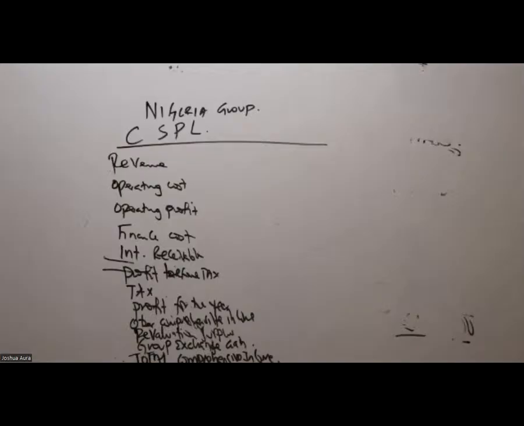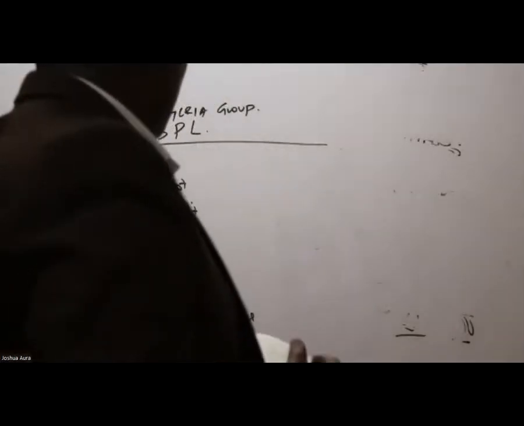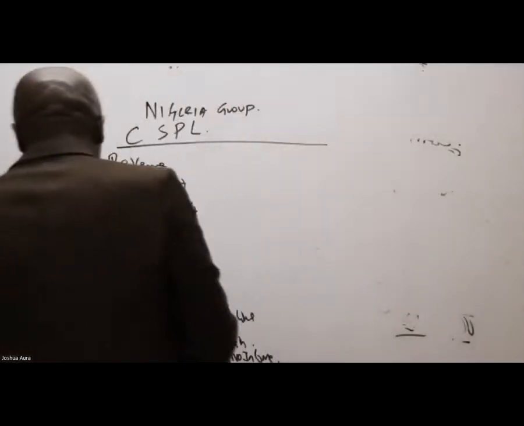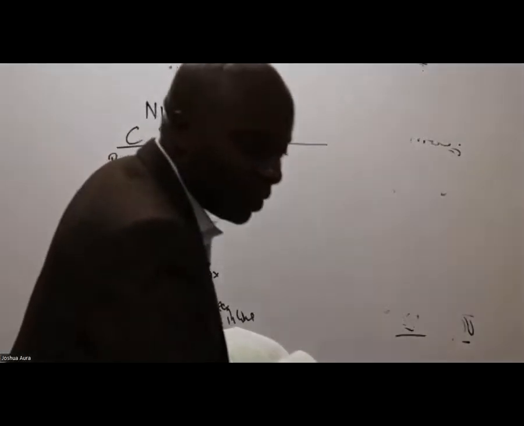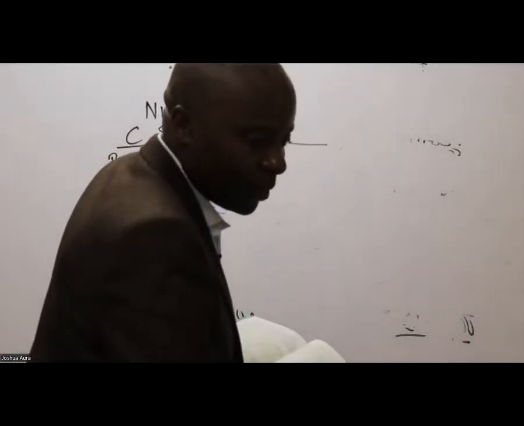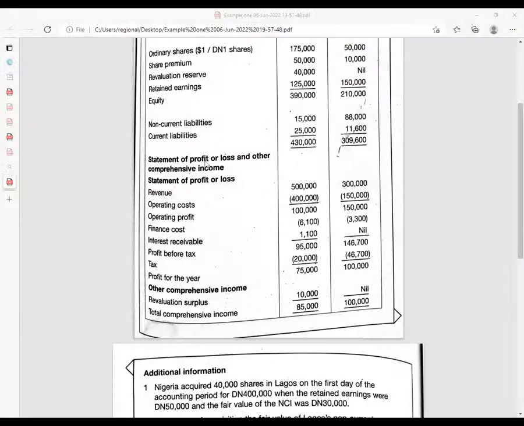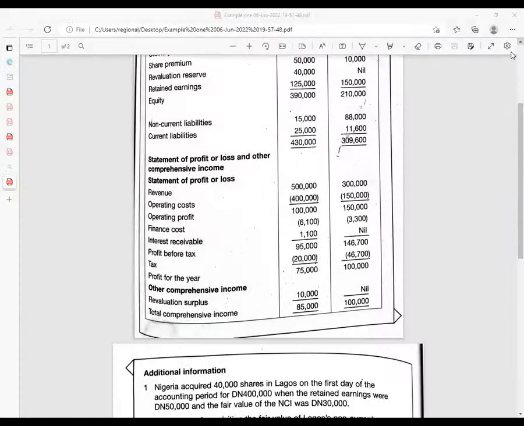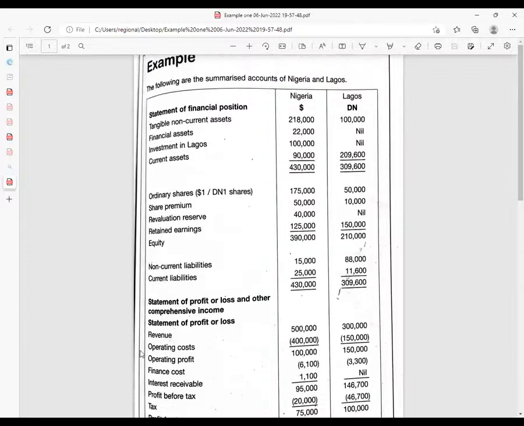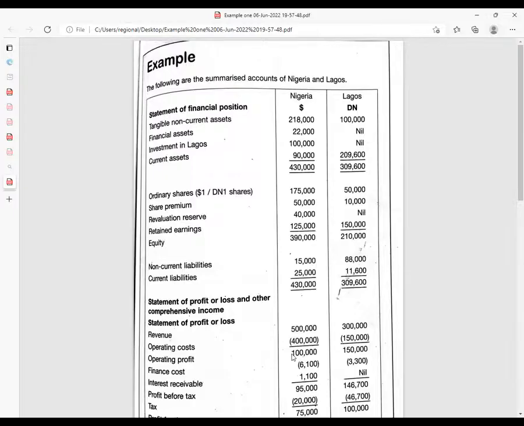Thank you very much. So we start with revenue. Revenue, I'll pick 500,000 plus 300,000. Remember this 300,000 is in DN, so I need to change this. How do I exchange this 300,000 to dollars?